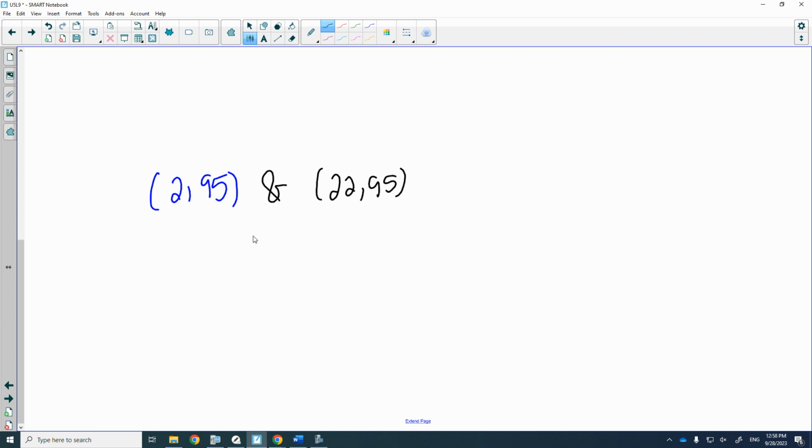This one's not as easy to see, but there's simple math that you could do. Jevin, what do you think this would be? How'd you get that? Okay, so actually there's a couple ways we could do this. So if we had 2, 95, let's say it was that guy, and we had 22, 95.